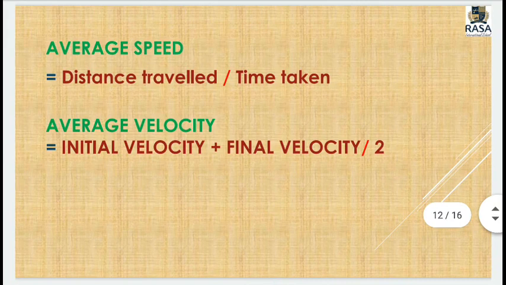Clear? So what is initial velocity? When you start your motion, the velocity from which you have started is your initial velocity, and at any time interval, you take that point as a final point, and at that time the velocity is the final velocity.